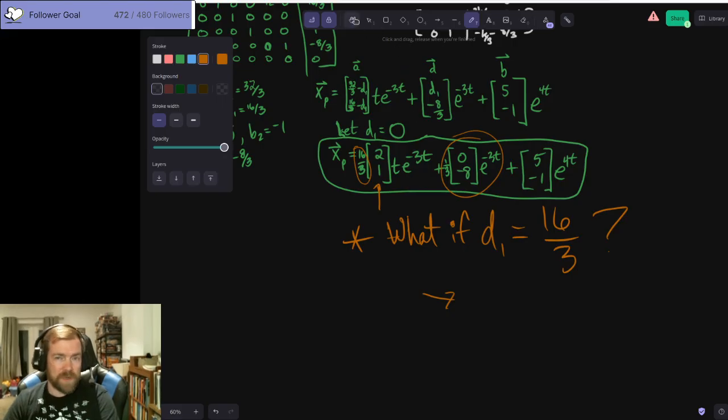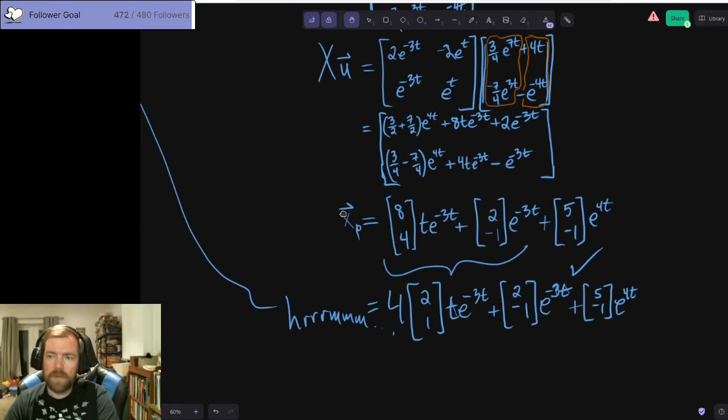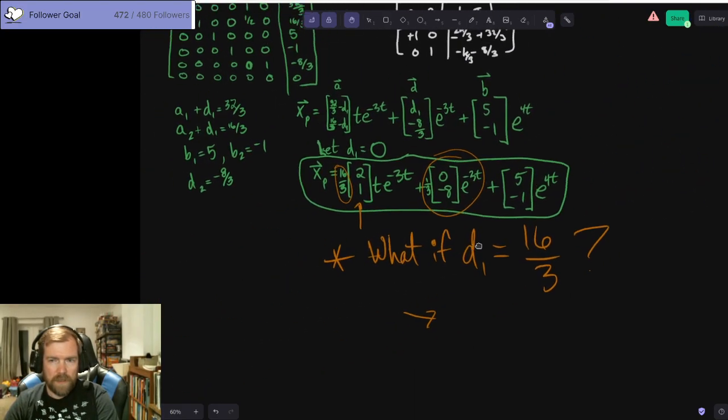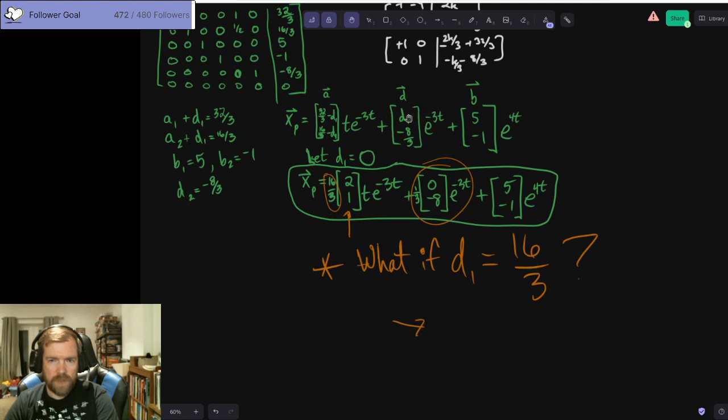So if we force the eigenvector to be the same, by saying this should be 2, negative 1, e to the negative 3t, right? 2 to negative 1 means that d1 should be 16/3. But if d1 is 16/3, then over in this matrix, we end up with 32/3 minus 16/3 is 16/3, and then 16/3 minus 16/3 is 0.